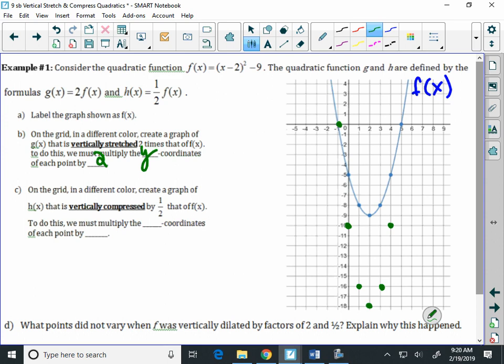We take the y value, 0 times 2, which is still 0. When we draw this picture for our g of x function, we get a vertically stretched graph.